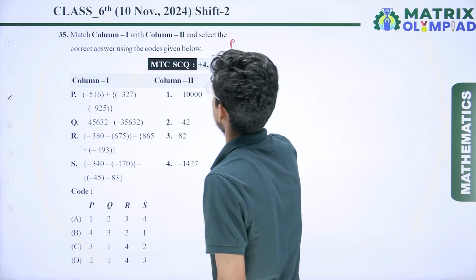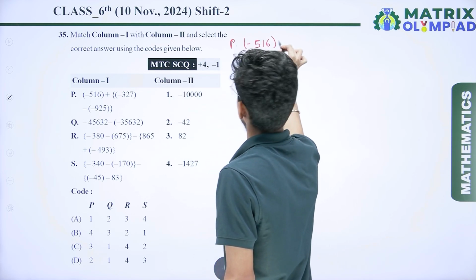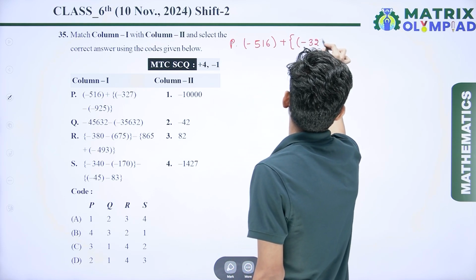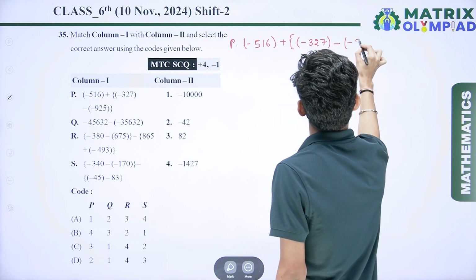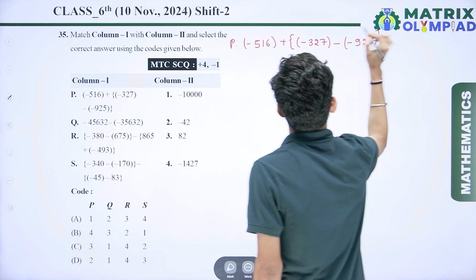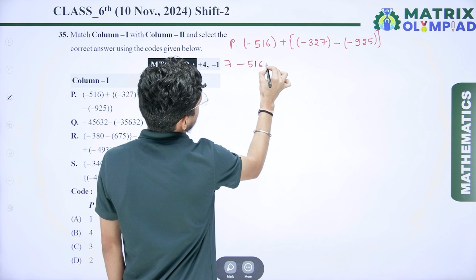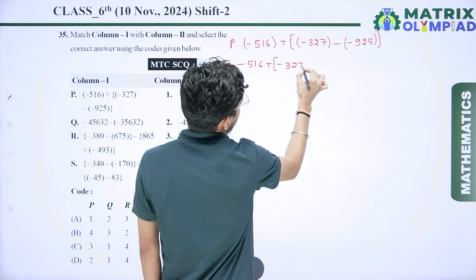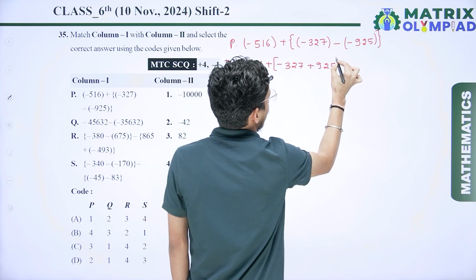So P, that is we have given minus 516 plus curly bracket minus 327 bracket close minus bracket minus 925 curly bracket close. So if I simplify here, I can say that minus 516 plus bracket minus 327 and minus minus, that is plus 925.